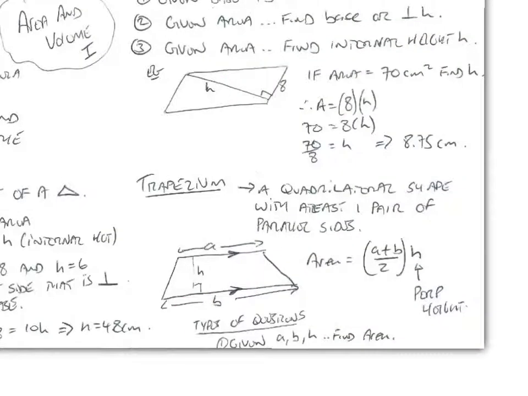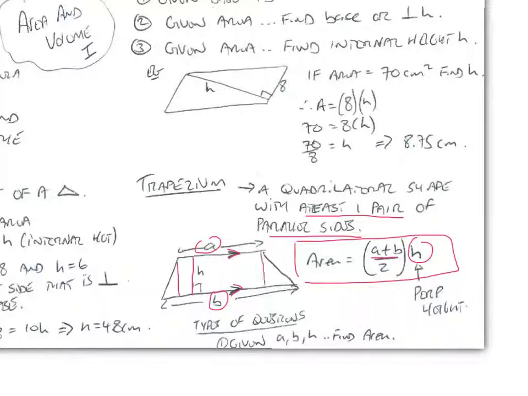Also in this chapter we met the trapezium, which again is a four-sided quadrilateral shape with at least one pair of parallel sides. The parallel sides of the trapezium here are A and B. The formula for the area of a trapezium is the area equals the sum of A plus B, divided by 2, times h, which again is the perpendicular height of the trapezium.